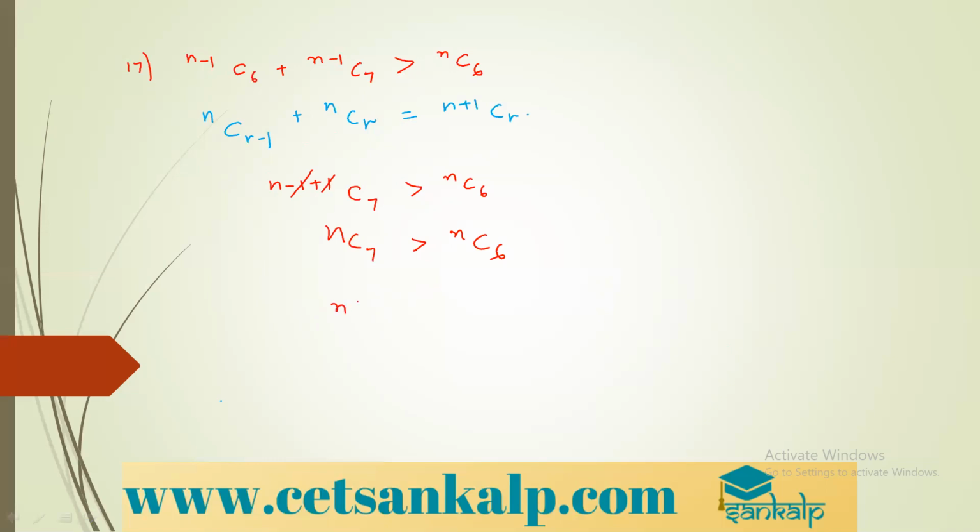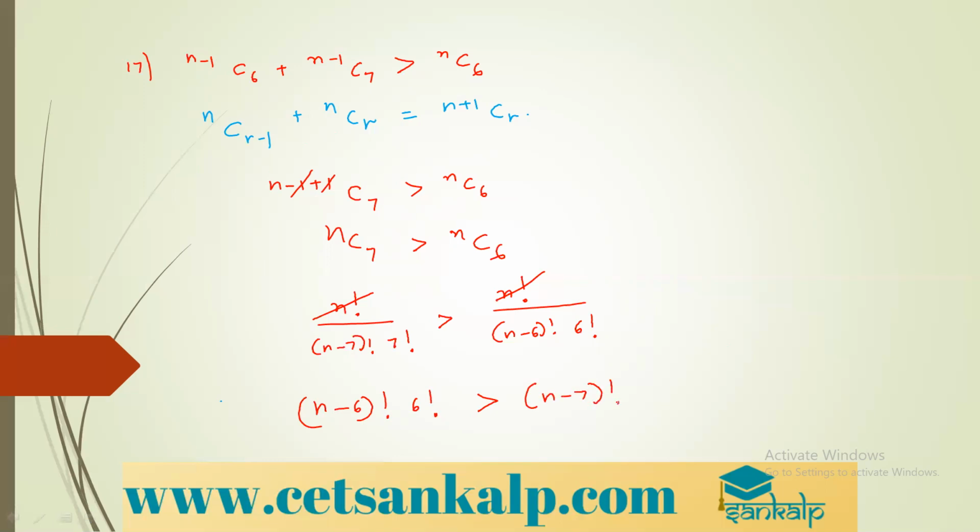NCR formula is n factorial by n minus r factorial into r factorial. NC6 is n factorial by n minus 6 factorial into 6 factorial. First of all, I can cancel n factorial. Then on cross multiplying, n minus 6 factorial into 6 factorial is greater than n minus 7 factorial into 7 factorial.